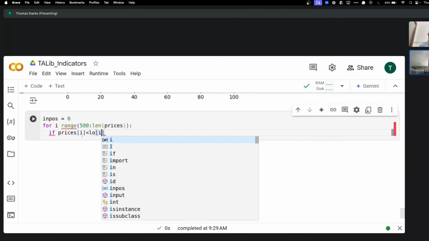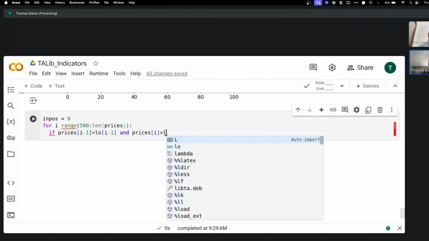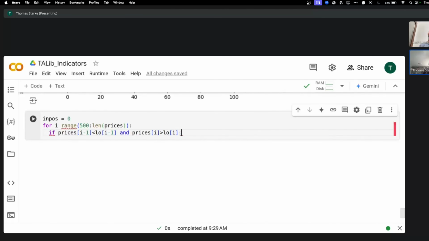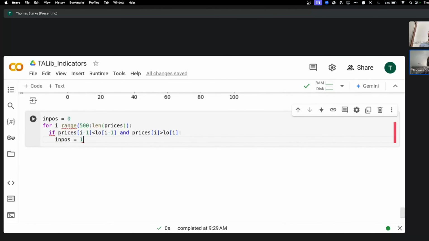Or let's do this. Let's do the crossing condition. If our previous prices are below the Bollinger Band and our current prices are above the Bollinger Band, we get into a trade, which means impulse equals 1. So we want to get into a long position.